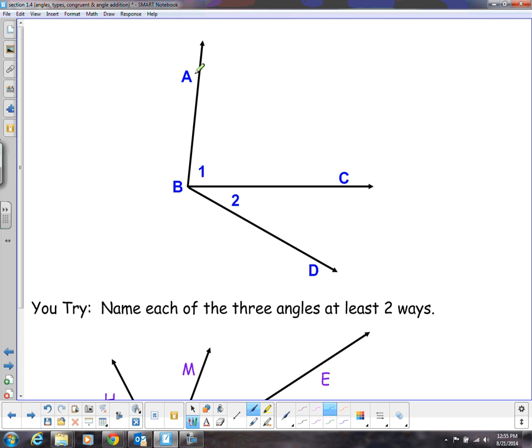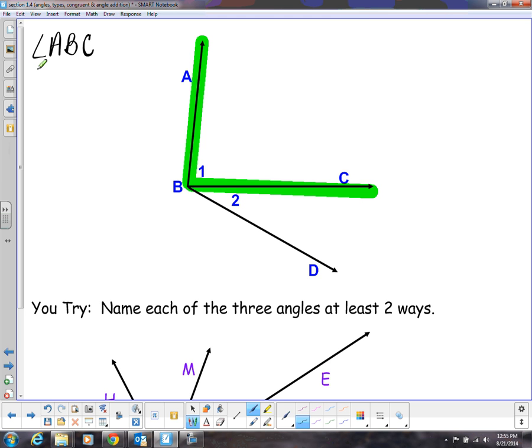So that's to help you understand what an interior angle is. All right, so if we look at this, I'm going to highlight this angle in green. Right there. Now, I can name this angle ABC. I want to color code this. Angle ABC, or I could call it angle CBA, because B is my vertex.